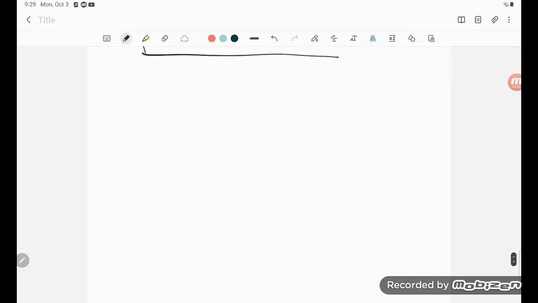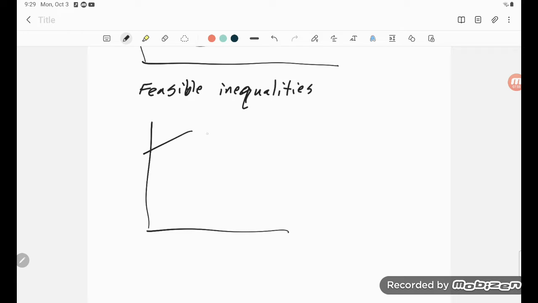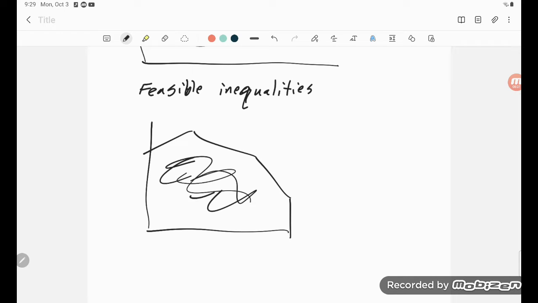Okay. Now, what could we have? So we could have feasible inequalities. And so again, we might have something that kind of looks like this, and this is our feasible region in here.